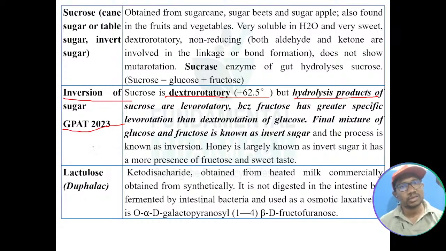Glucose is dextro, fructose is levo, but the total hydrolytic product of sucrose is levorotatory, because fructose has a greater specific levo rotation than the dextro rotation of glucose. The dextro rotation of glucose is overcome by the levo rotation of fructose, so the final mixture of hydrolysis has levo rotation. The original fresh solution of sucrose was dextro, but after hydrolysis it becomes levo, meaning the rotation is inverted.